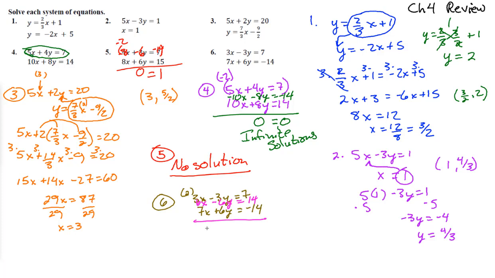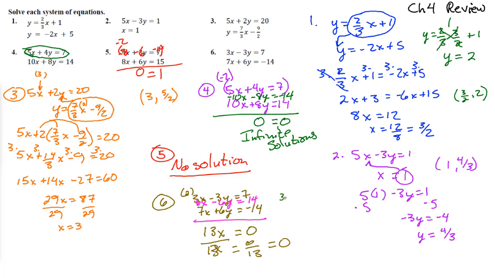Now when we add them, we get 13x equals 0. Oh, that's nice. Divide by 13, and x equals 0 over 13, which equals 0. So if x equals 0, let's stick that back up in there and see what we get.